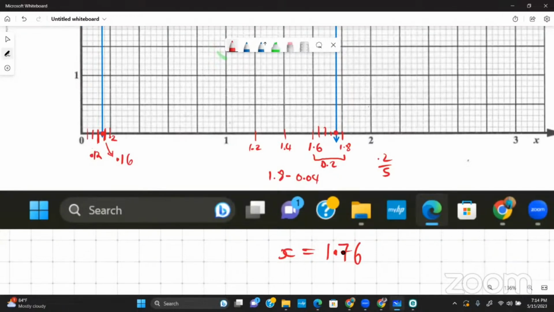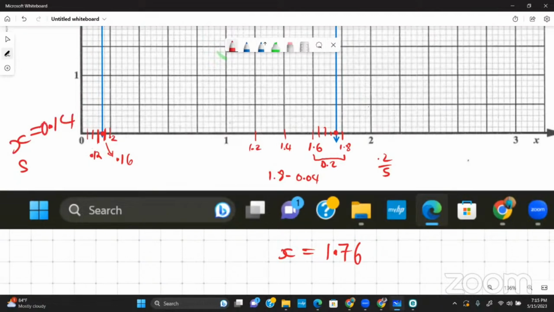So it's going to be 0.14. I'm just showing you how to get it. If you're between 0.12 and 0.16, add them, divide by 2. Or you could check it in your mind. 0.14 makes sense. So my other solution is x equals 0.14.